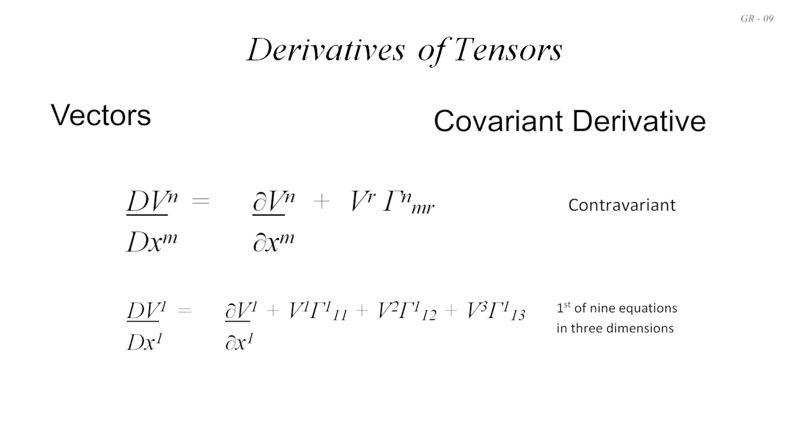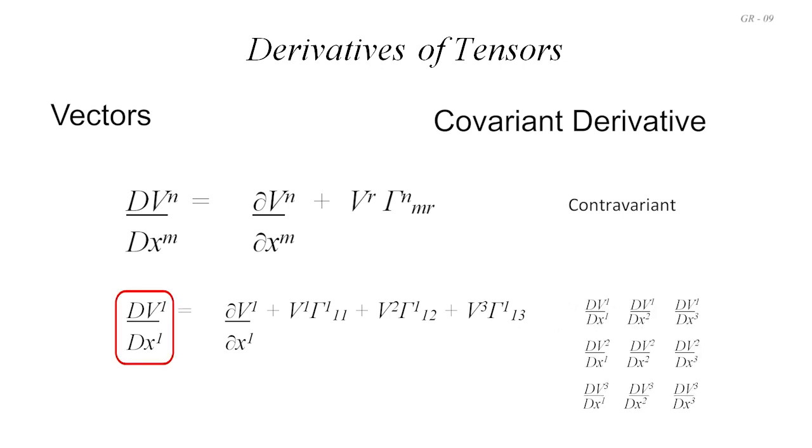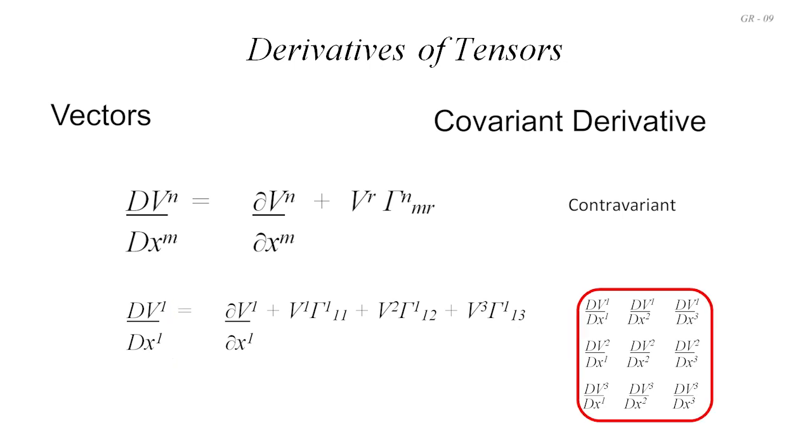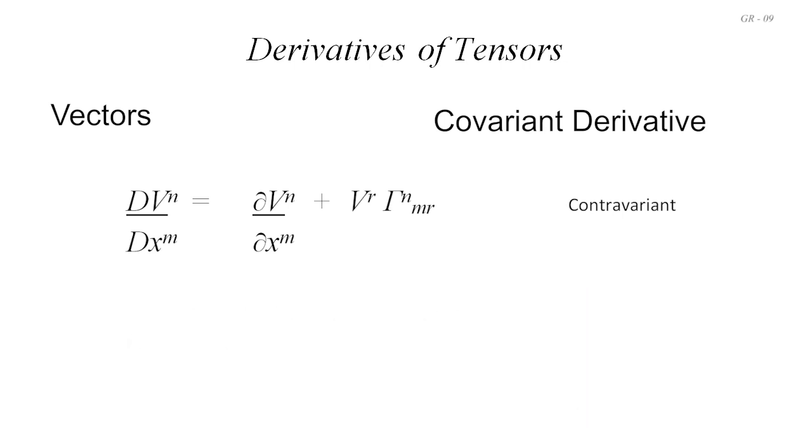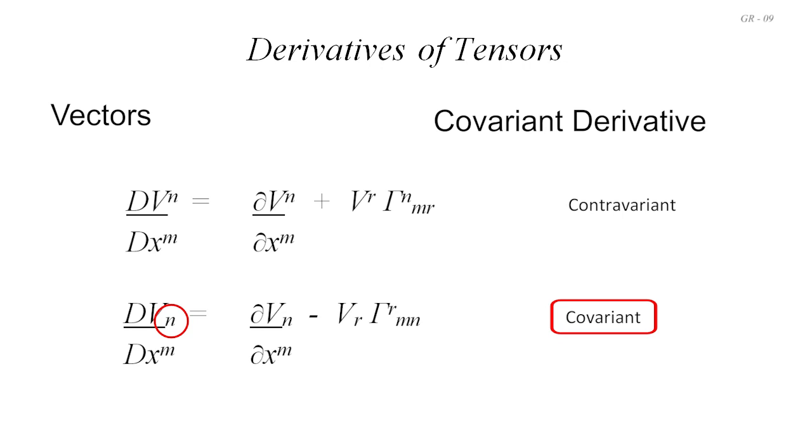This is because the Christoffel terms will take into account all the stretches and twists and turns of any other reference frame. And if you think about it, in these 3 dimensions, this equation is the first of 9 equations for the covariant derivatives of the contravariant components, and there will of course be a further 9 for the covariant derivatives of the covariant components.